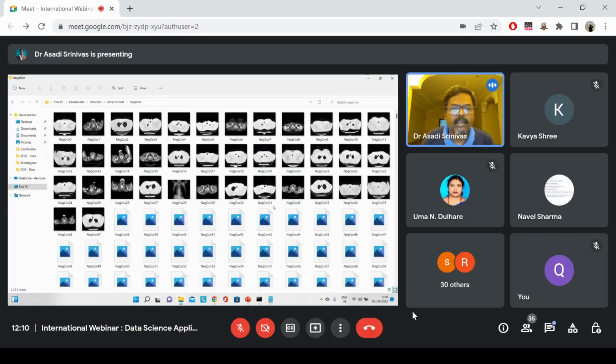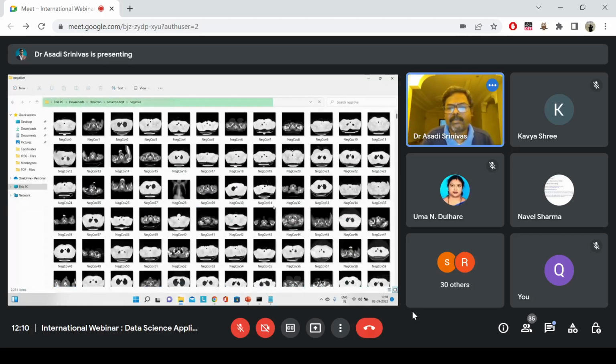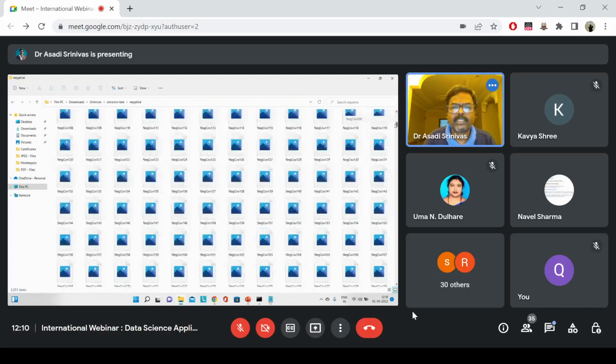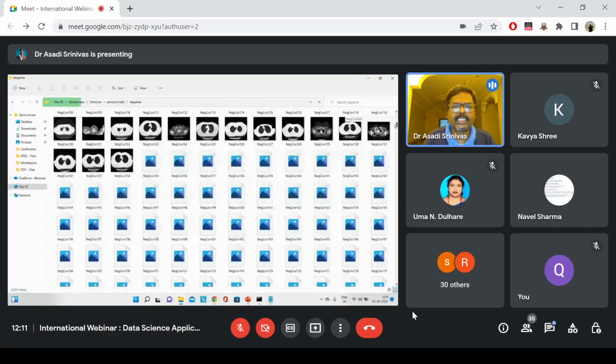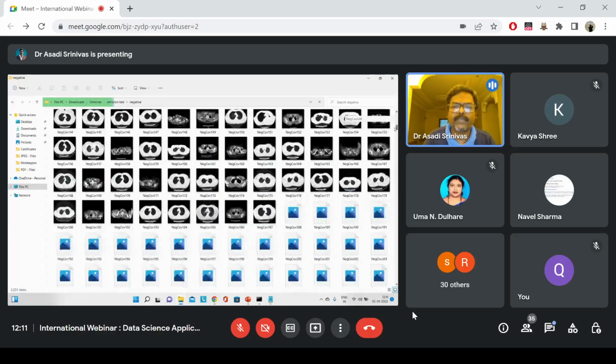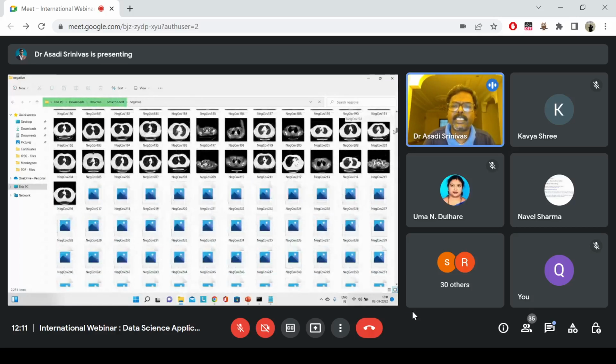These are the Omicron data images. See how much data I have taken, so many data. This is a quality data. If you run this application, you will get very little loss and accuracy is very high.